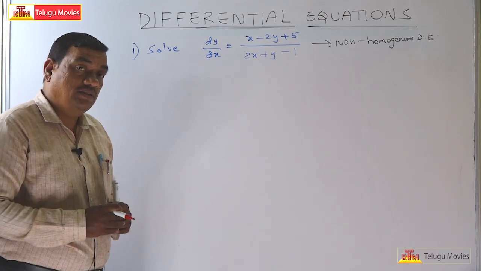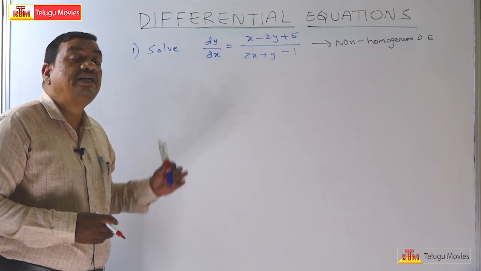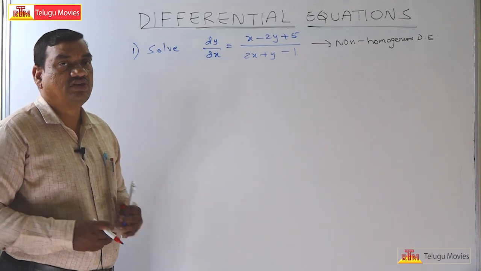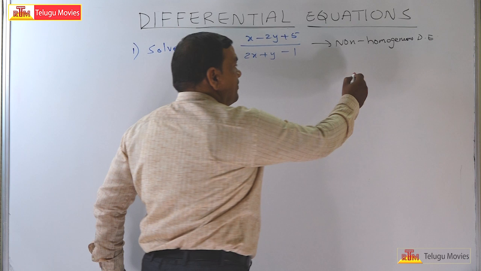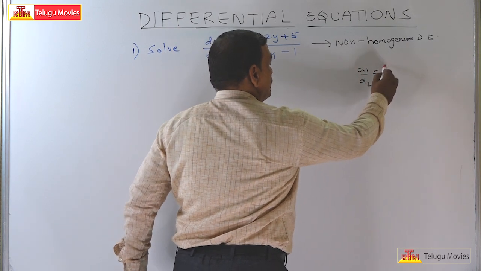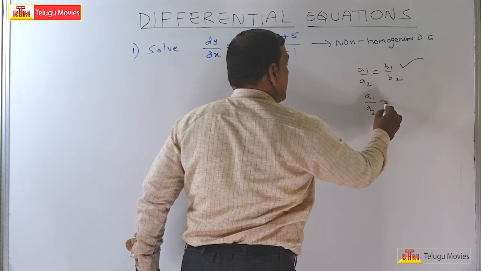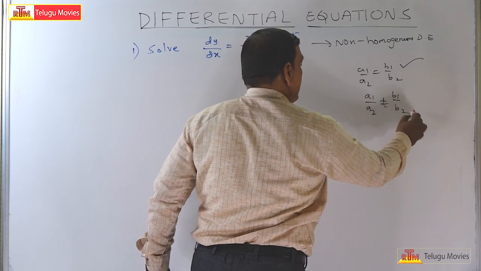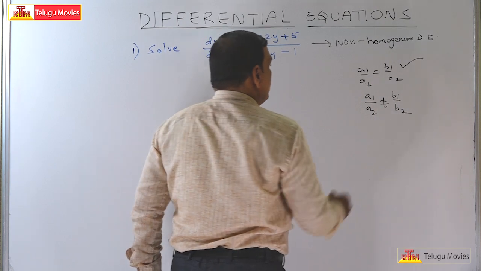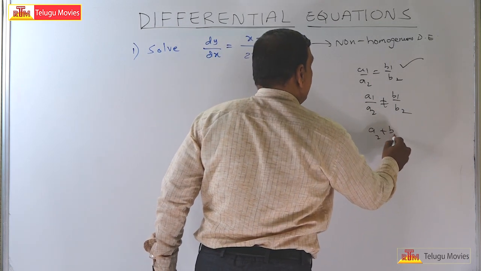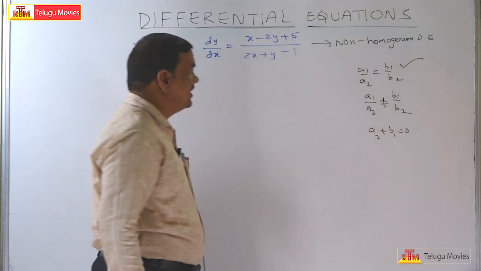After getting that idea, there are three types in non-homogeneous equations. The first type is a1 by a2 equal to b1 by b2. The second one, a1 by a2 not equal to b1 by b2. The third one is a2 plus b1 equal to 0. Check it here.